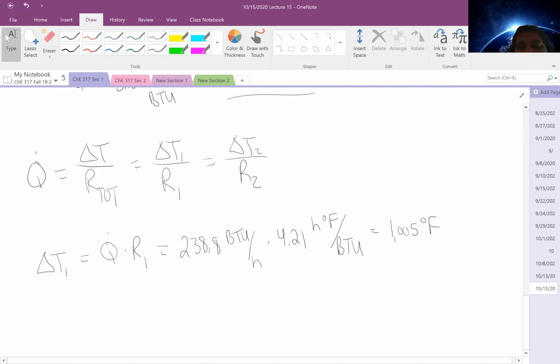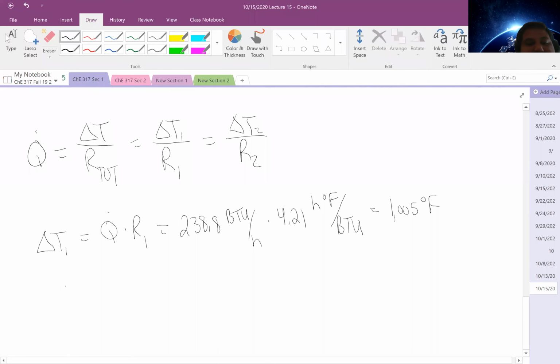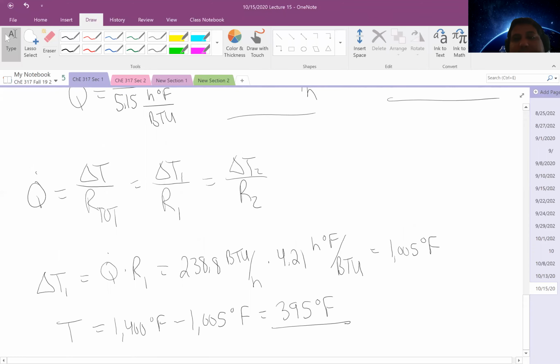And so since the temperature gradient over that first layer is 1005, that tells us the T that we're solving for is 1400 degrees Fahrenheit minus 1005 degrees Fahrenheit, or approximately 395 degrees F. So what do you guys think? Hopefully that one isn't too bad and you're able to follow along. Okay.